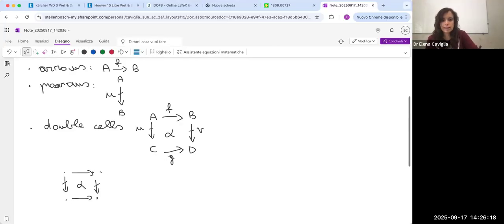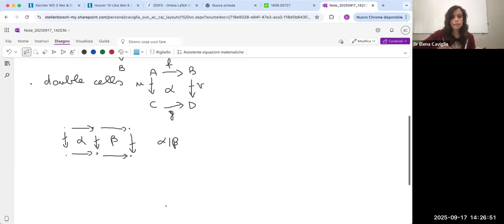And now if we have another double cell that has as vertical domain the vertical codomain of alpha, let's call it beta, we can attach them horizontally in this way, and we have a horizontal composite. We usually write it just like this to say that we are attaching them horizontally.